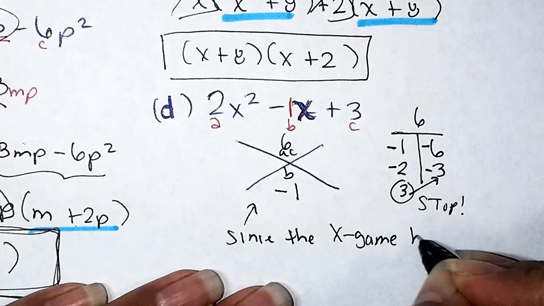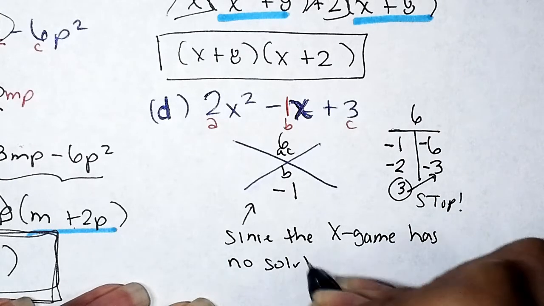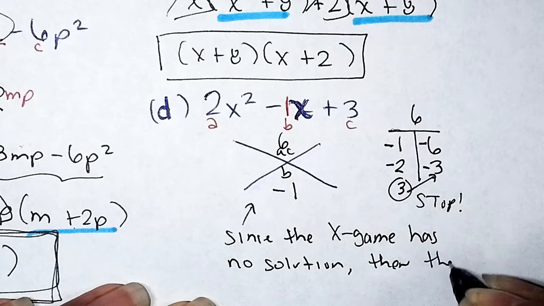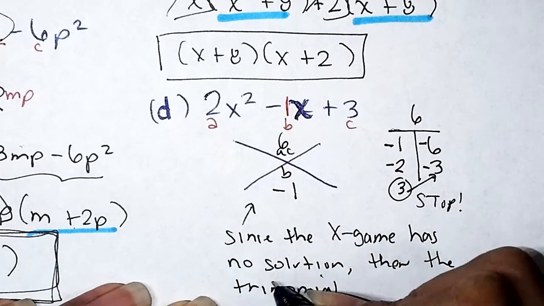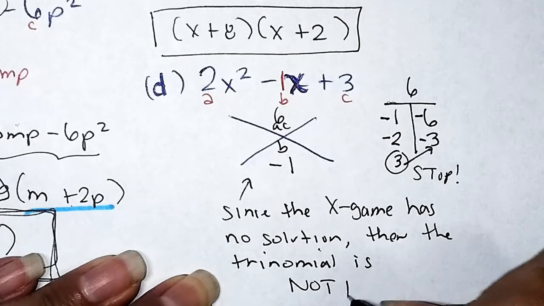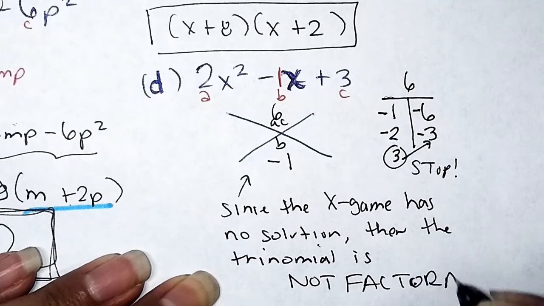Since the X game has no solution, then the trinomial is not factorable.